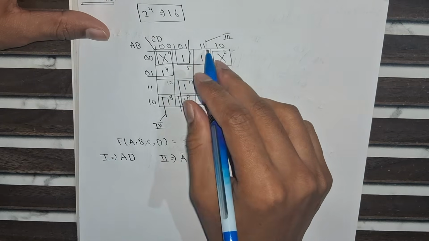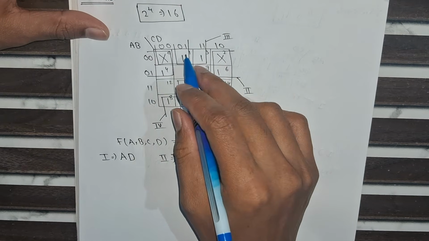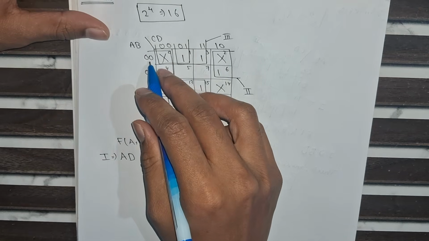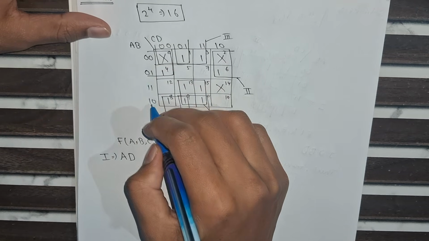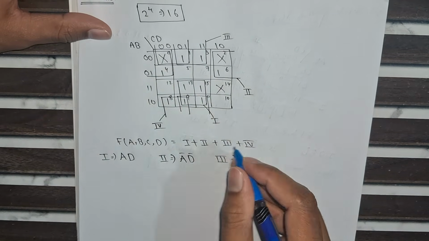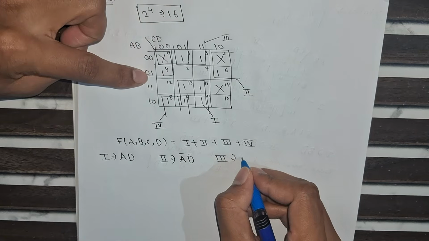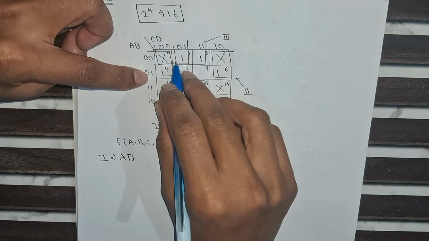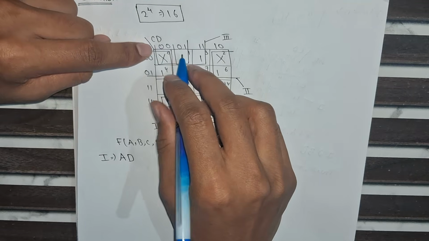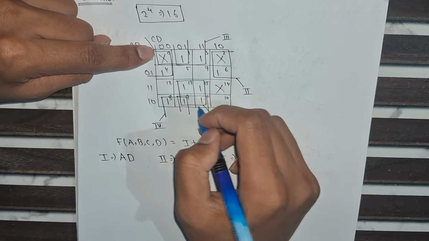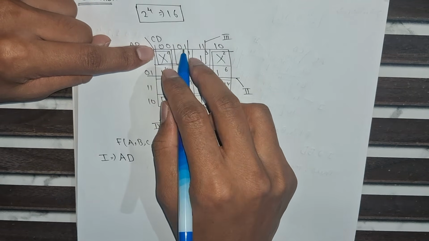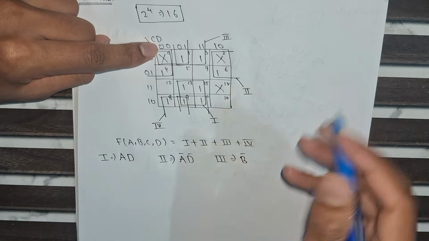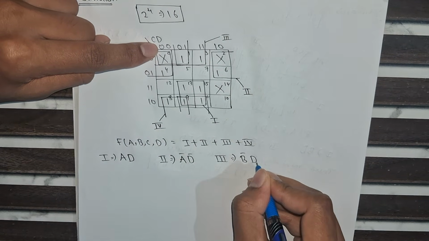At the third group, row wise 00 and 10, it is changing from 0 to 1, meaning for A, but we have to take B because it is 0 to 0, so B bar. And now we will check the same for CD. So 01 and 11, it is covering here to here, so 0 to 1 is changing for C, but for D it is 1 to 1, so we simply write D.